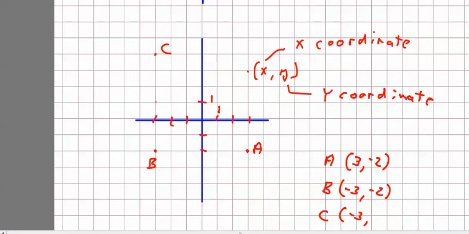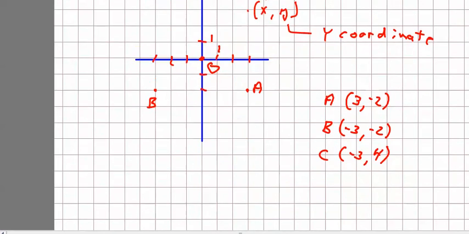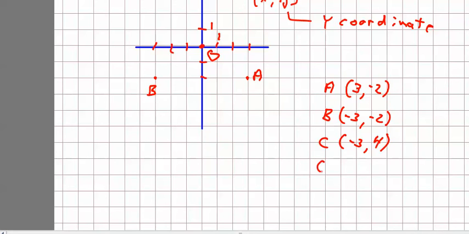In the y direction, 1, 2, 3, 4, +4. And our origin, oftentimes given the letter O, is 0, 0.